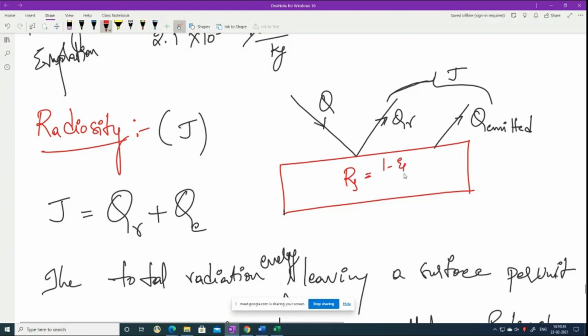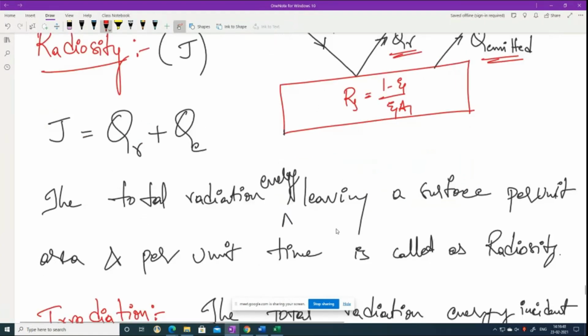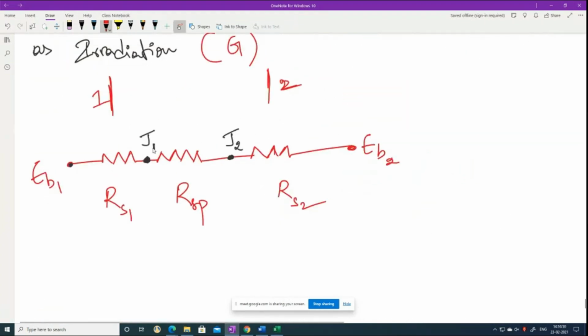It is (1 minus epsilon 1) by (epsilon 1 A1). You know it, this much resistance is there. Overcoming this resistance, this much is coming out. So what will be the energy that is left out? This much of energy will be left out. That's why you have taken J1 on the other side of the resistance here, and here you have taken J2 for body 2.